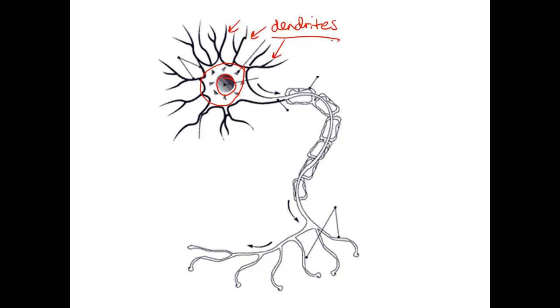Then there's one long, thick process called the axon, that also comes off of that cell body, and it branches, in this case, and ends in a number of these little stubby ball-like structures, which are called neuronal or axonal terminals.